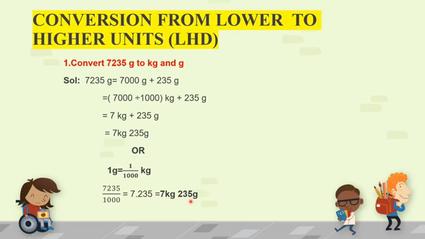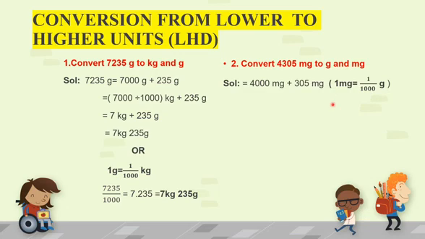Let's see another example. Question says convert 4305 milligram to gram and milligram. Milligram is the lower unit, gram the higher unit, lower to higher, division, LHD. So how are we going to solve?